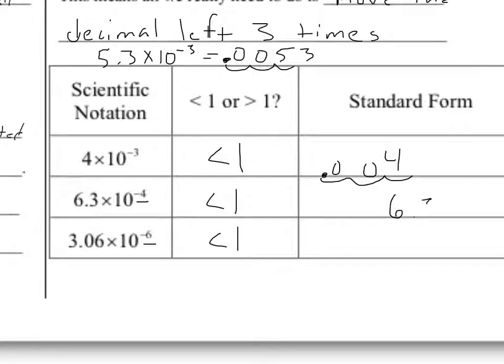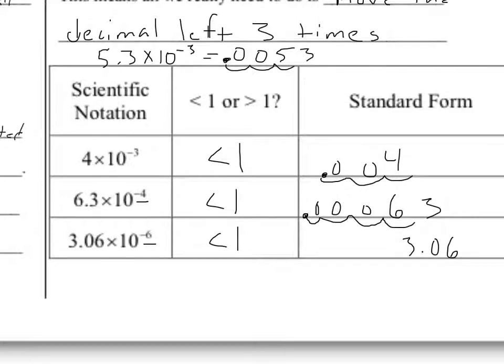Same thing with 6.3 times 10 to the negative fourth. That's multiplying by 1/10 4 times. 1, 2, 3, 4 moves of the decimal. Go back and erase my original decimal point so there's no confusion. This is 0.00063. And finally, 3.06, again times 10 to the negative 6.